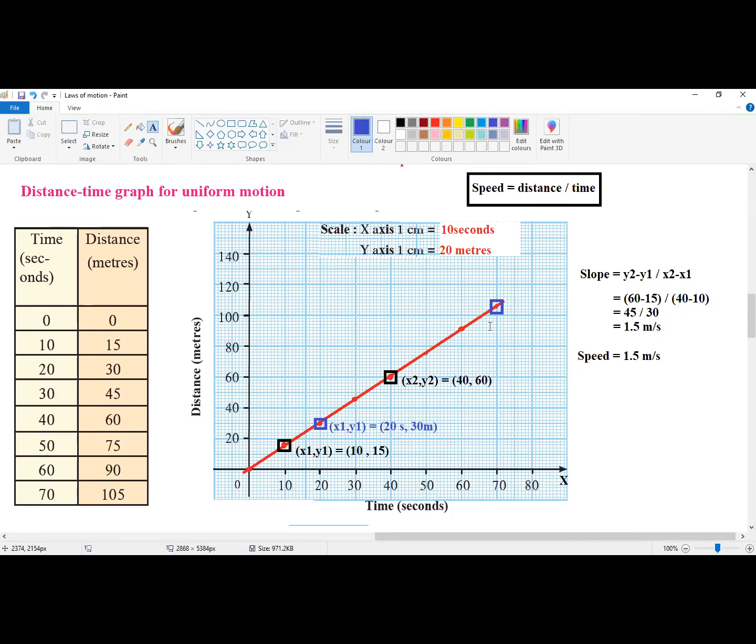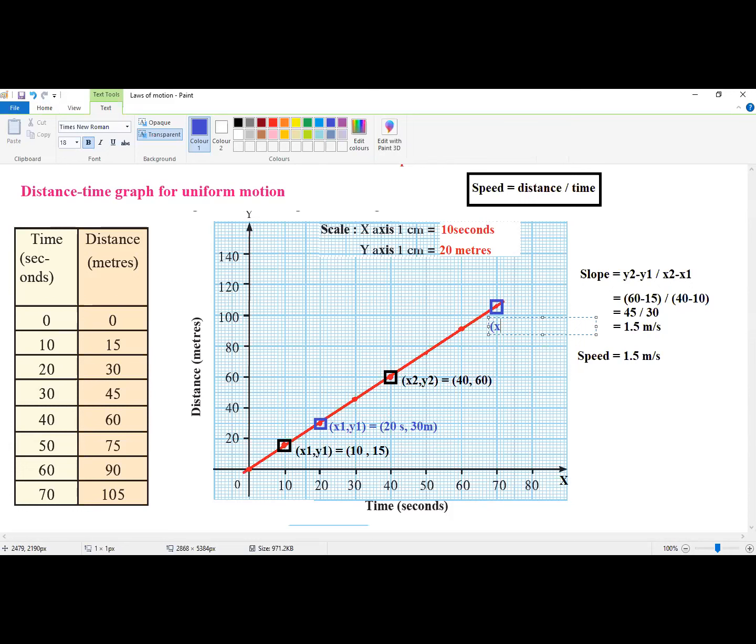Now what are the coordinates of this last point, x2, y2? 70 seconds and 105 meters. Now let's again calculate the slope. So slope is equal to y2 minus y1 upon x2 minus x1.